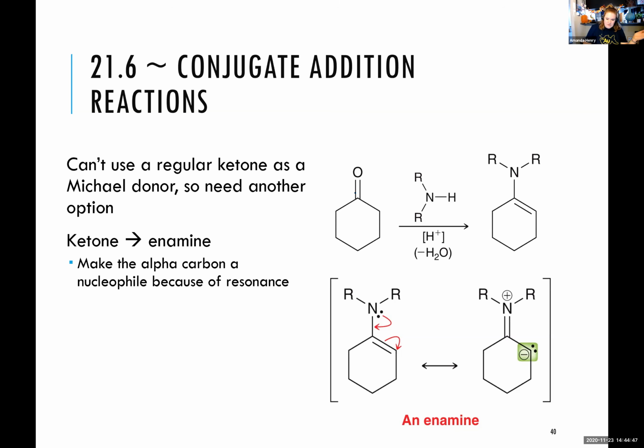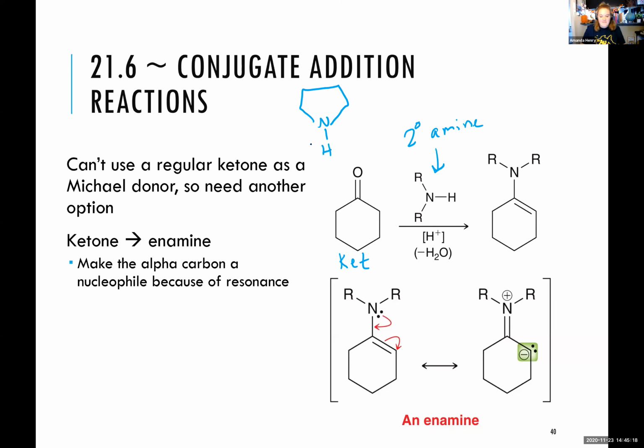So enamines were also back in chapter 19. If we react a ketone with a secondary amine, because the enamine's not our final product and we're eventually just going to get rid of it, putting 2 R groups there is completely okay because we don't care what the R groups are. But a common one that you will see is this.